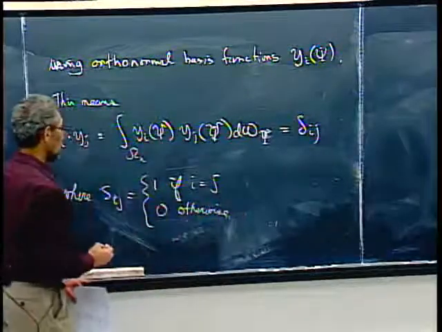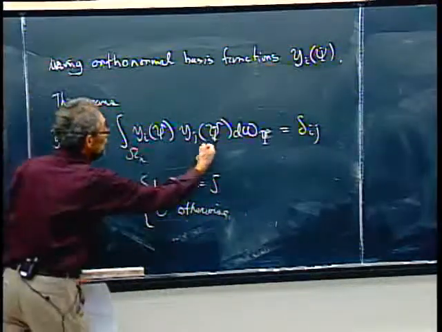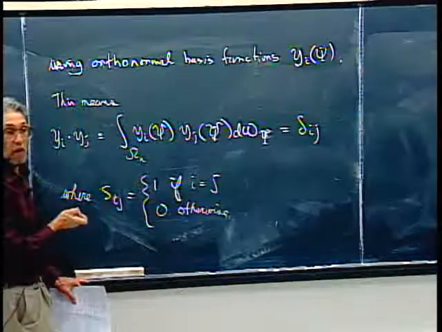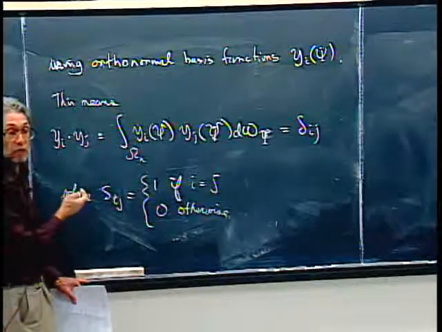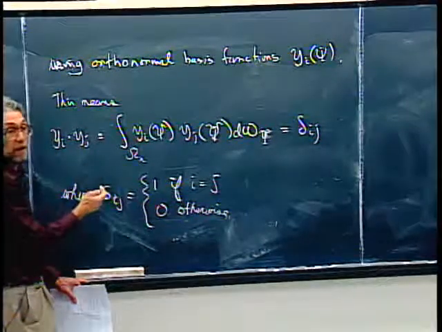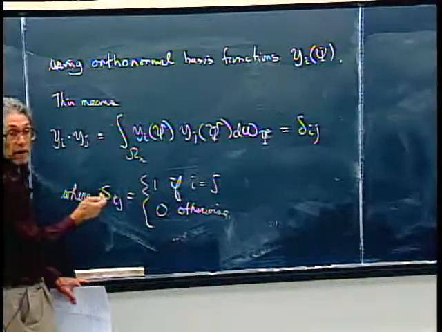So they're orthogonal, which means if you integrate any two different ones, you'll get 0. And they're orthonormal, which means that if you integrate the product of one with itself, namely the thing squared, then we'll get 1.